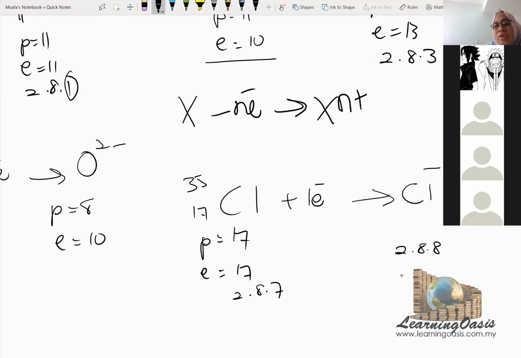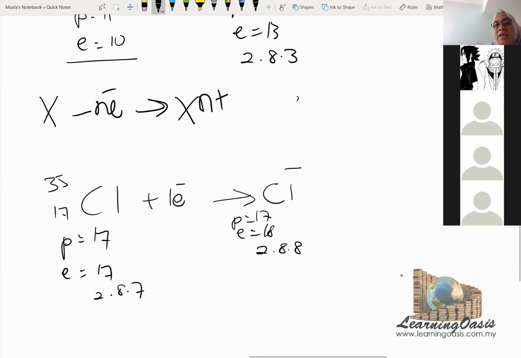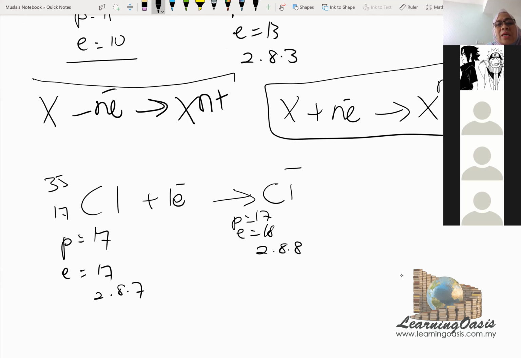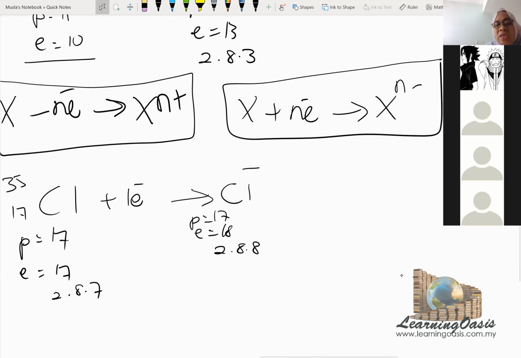Proton is still 17, electron now is 18. So from now onwards, X plus n number of electrons will become Xn-. You understand this first, and then you understand it when we do oxidation, reduction, gaining, losing, and ionic equations. If you cannot understand this, then the rest doesn't make sense to you.